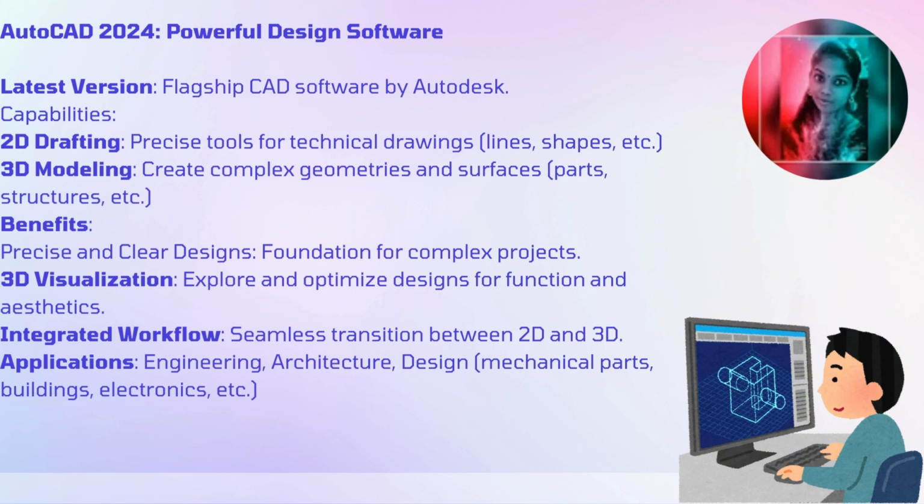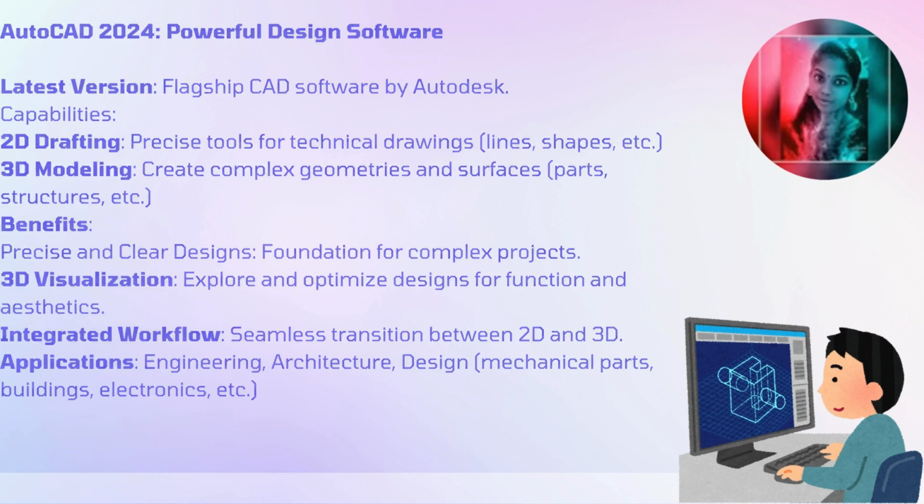Benefits of AutoCAD 2024: precise and clear design, a foundation for complex projects. For 3D visualization, explore and optimize design for function and aesthetics. Integrated workflow: seamless transition between 2D and 3D.